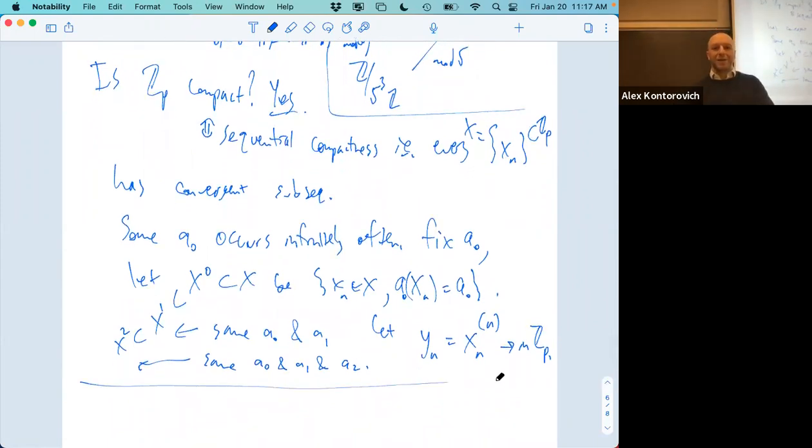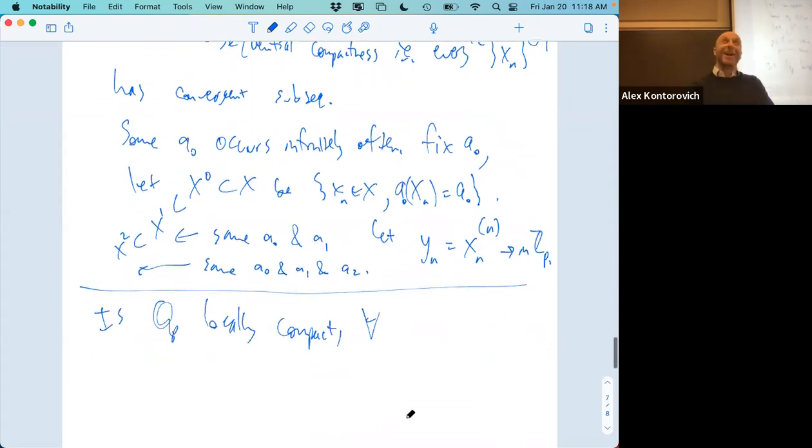Qp is not compact, but Zp is compact. Is Qp locally compact? So locally compact means, for anyone who doesn't already know the definition, what should it be?